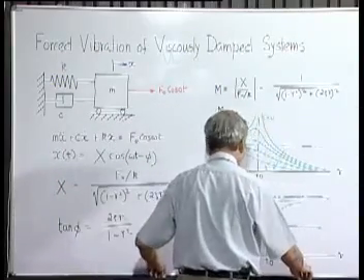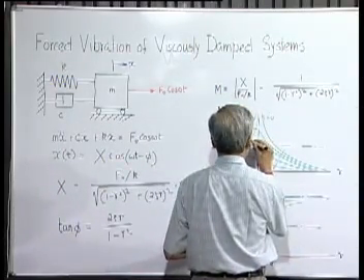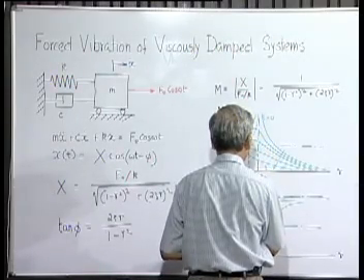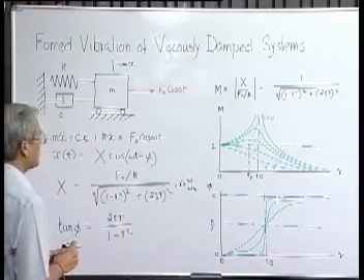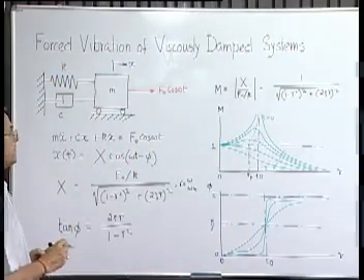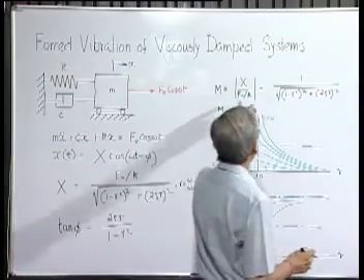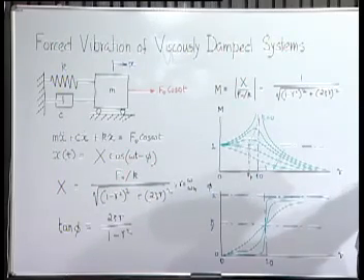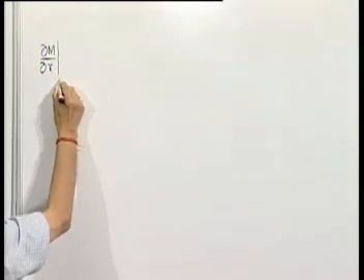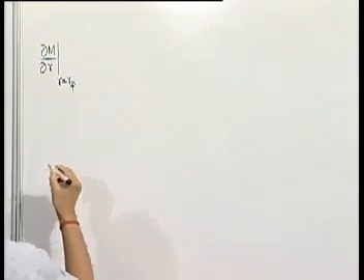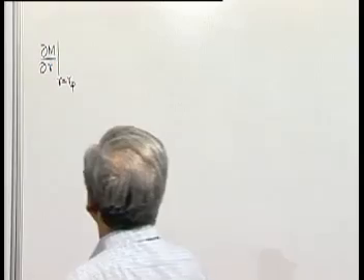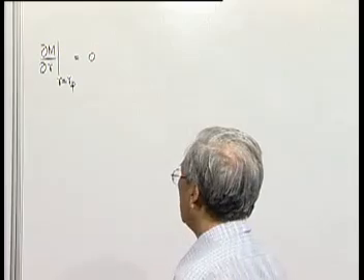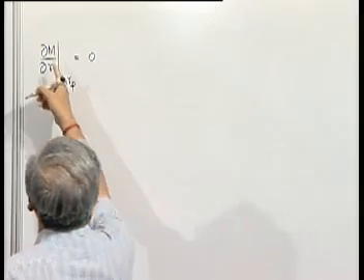That means, if we define this as r_p, the frequency ratio where the magnification factor reaches a maximum value, we can easily find it out by trying to find the maximum value of M, so del M del r will be equal to 0 at r equal to r_p. We know it's very simple when M becomes maximum.